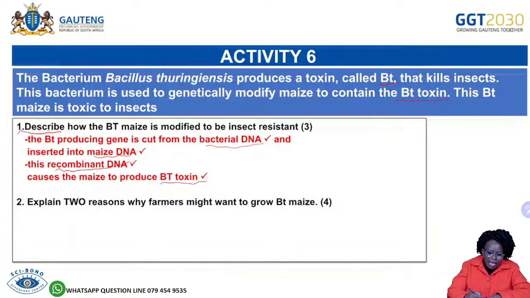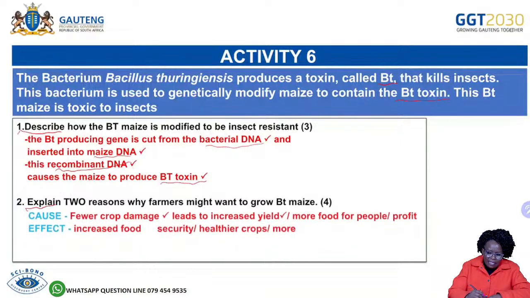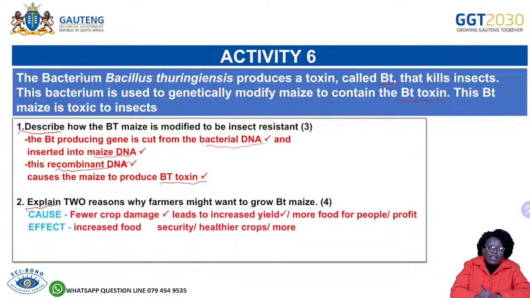Question 2. Explain 2 reasons why farmers might want to grow Bt maize. It's an explaining question. We must have a cause and we must have the effect. The cause is fewer crop damage, which is going to give us increased food, or food security, healthier food, and many other reasons that we can give.